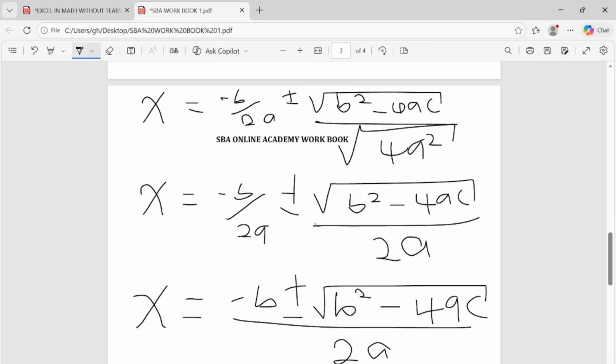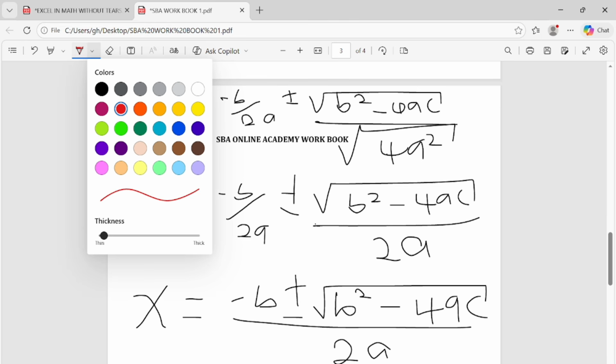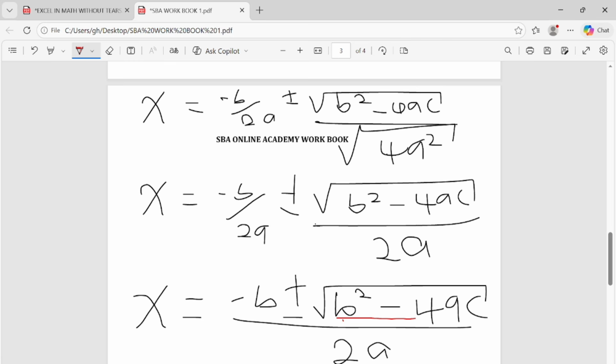But remember, we said that in quadratic equations, this b squared minus 4ac is the discriminant, or the determinant. It always determines the nature of the answers we get, and those answers are the roots of that quadratic equation.